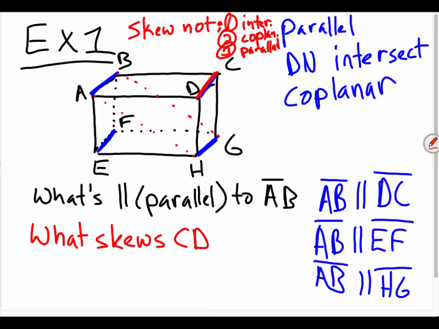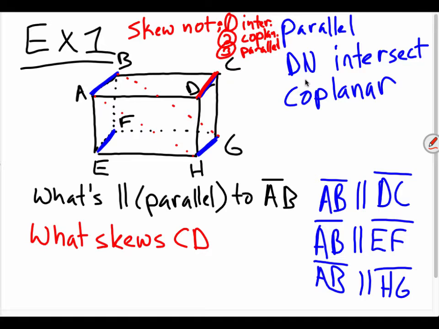So basically, we're looking for lines that have nothing to do with CD. They're not in a plane, right? They don't intersect, right? And they're not coplanar, which means that they're not parallel either, right? Because for it to be parallel, they'd have to be coplanar.